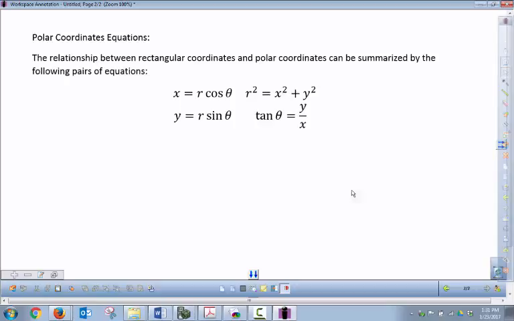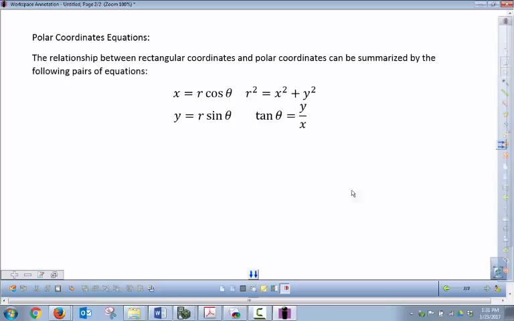You have x and y in Cartesian coordinates, and then you have r and theta in polar coordinates. The relationship is that x is going to be r cosine theta and y is going to be r sine theta, and that is something that we'll have to remember throughout the rest of the semester because that's always going to come up. And then x squared plus y squared is equal to r squared.